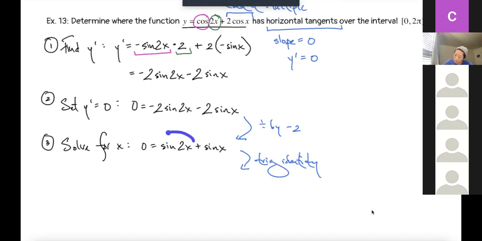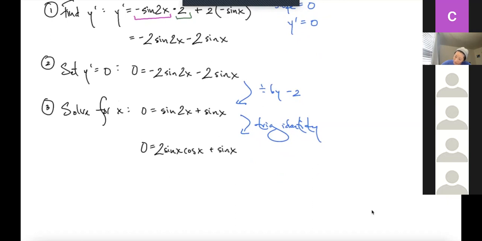Anybody happen to remember what the sine 2x equation is? One of the identities that you learned in trig. Yeah, 2 sine x cosine x, good. So we get 0 equals 2 sine x cosine x plus sine x. Great. I'm going to factor. That will give me 0 equals sine x times 2 cosine x plus 1.